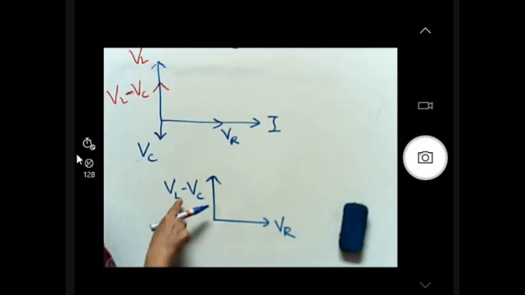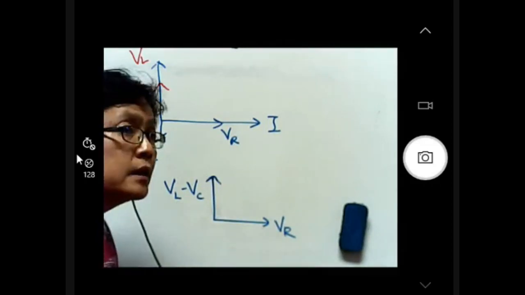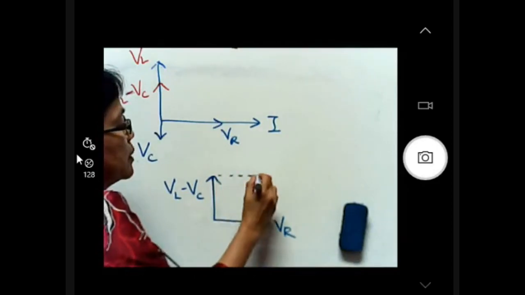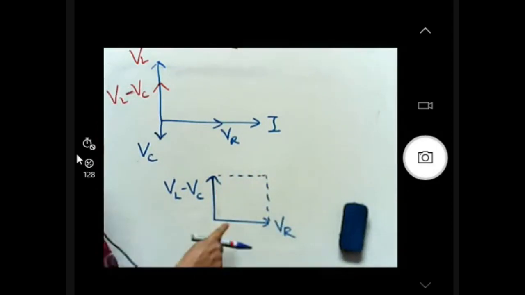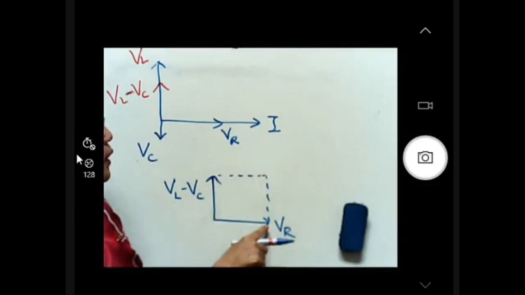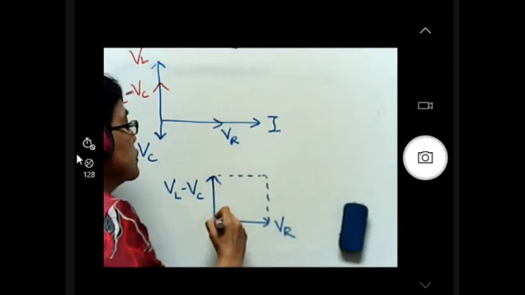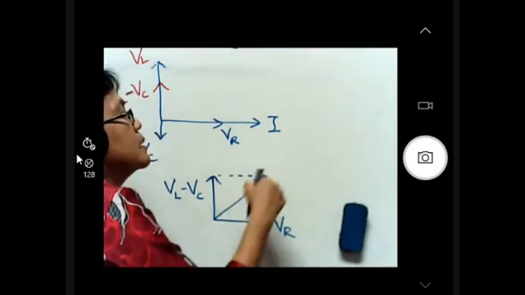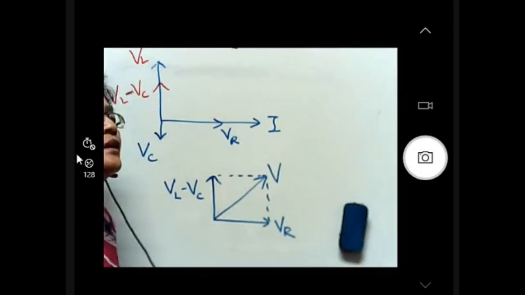The resultant of these two vectors, because it's a vector, we will use a parallelogram. So this vector adds up with this vector, and this vector adds up with this vector. So the resultant will be here. What is this? This is the source voltage.